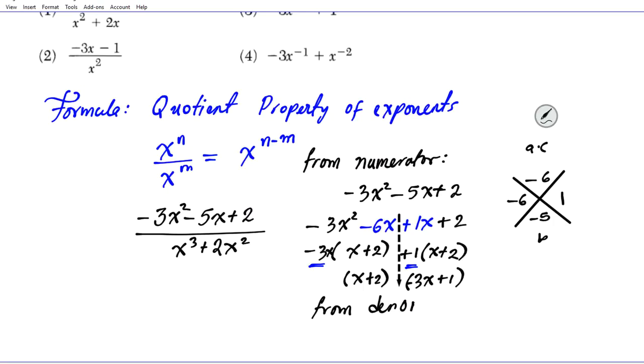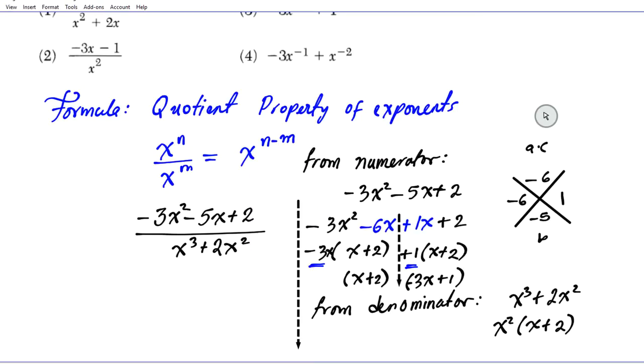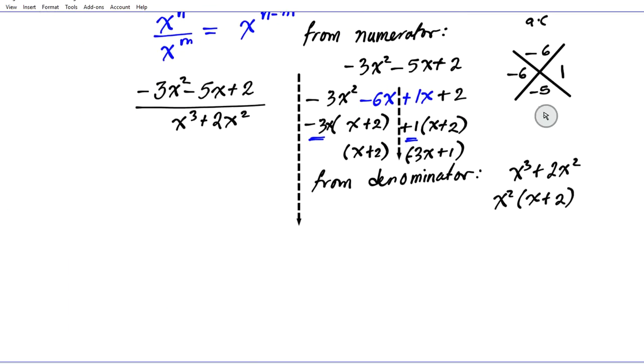From the denominator, we have x to the third plus 2x squared. The GCF, you look at the variable terms, the one with the least power, that's the GCF. So x squared will be the GCF here. So you factor that out and you're left with x plus 2. Okay? Now let's go back to the original problem. Since we already have the numerator and denominator factored out, we're now going to express the rational expression in its factored state.